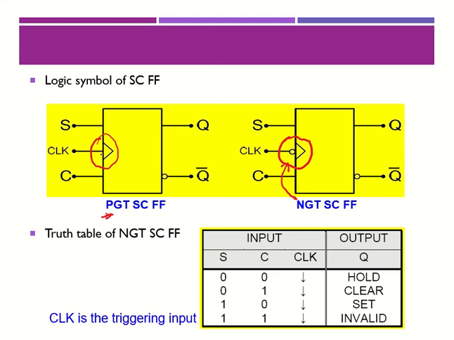If there is no bubble, that means it is positive. For positive, you always write the clock like this, and for negative, like this.